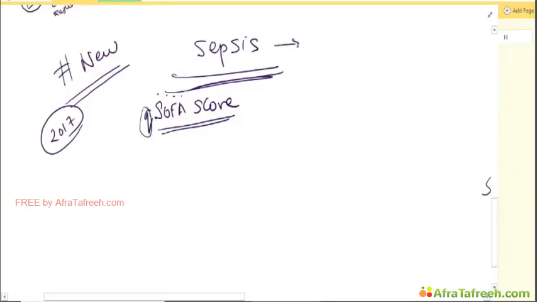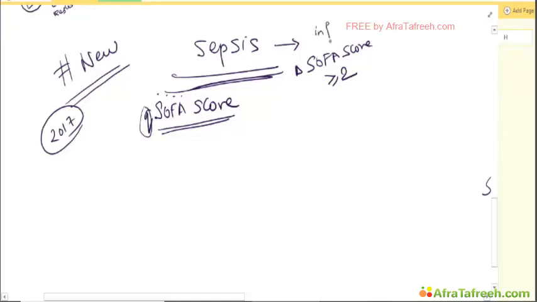So by definition, sepsis is a change in SOFA score by more than or equal to 2 in a patient with suspected infection. But this SOFA score involves a lot of systems and is a complex tool.